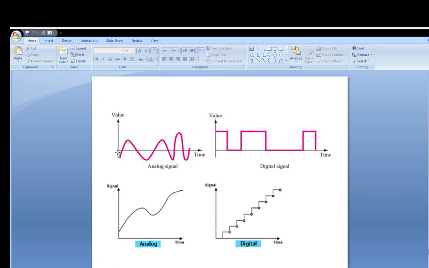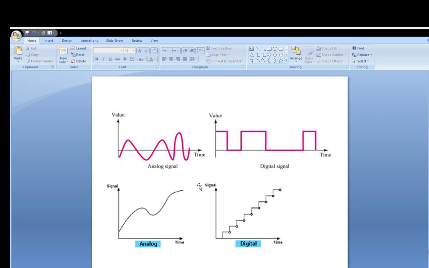So between minus 3 and 5 volt, any value is possible, meaning infinite number of values are possible. If this type of representation is shown, then that representation will be called analog. We can see in this figure also, from this point to this point any value is possible.